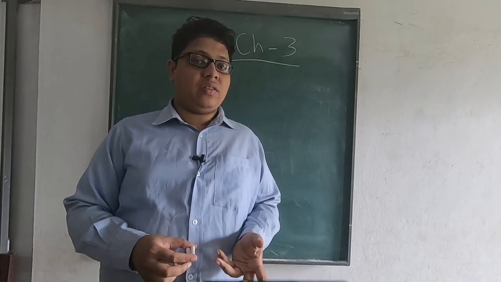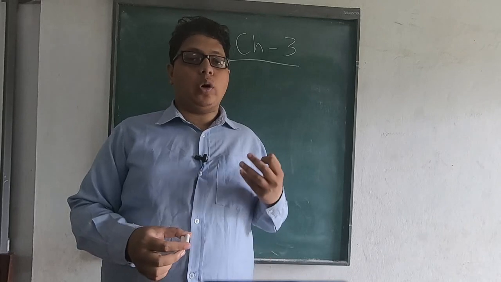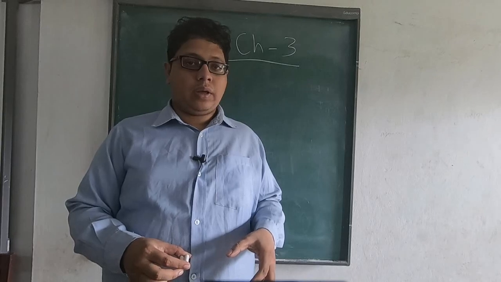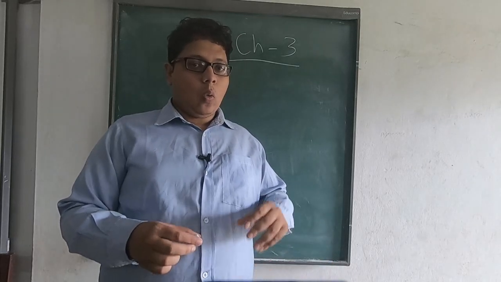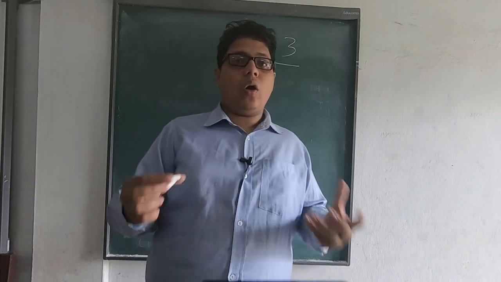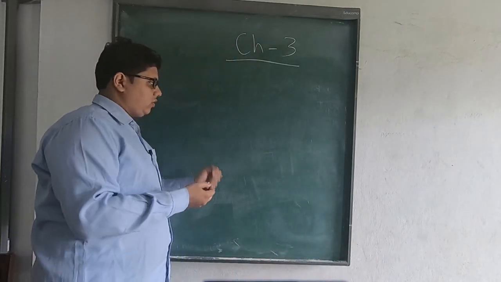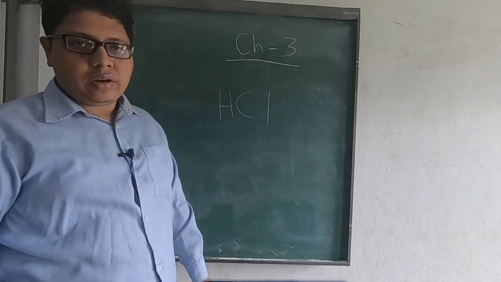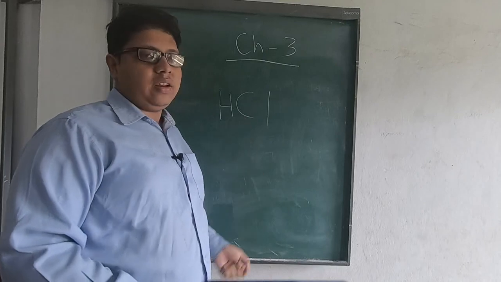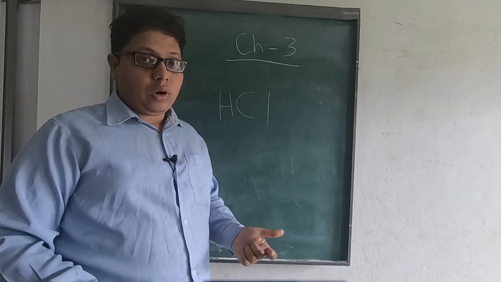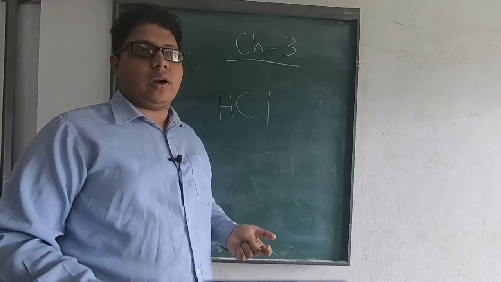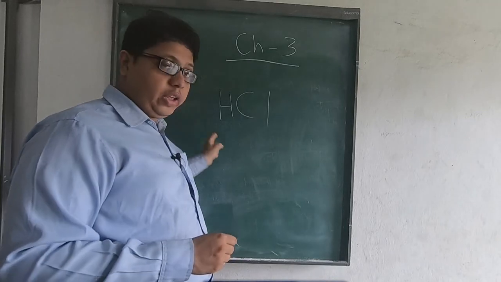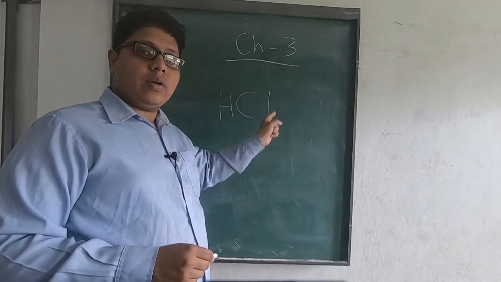In our last class we learned how to differentiate between symbols and formula, elements and compounds when they are represented on the two-dimensional page like this. If you see something like HCl written, now you know that this HCl is a formula, right? And it represents what? It represents a molecule of a compound.